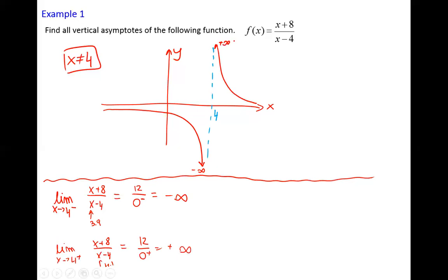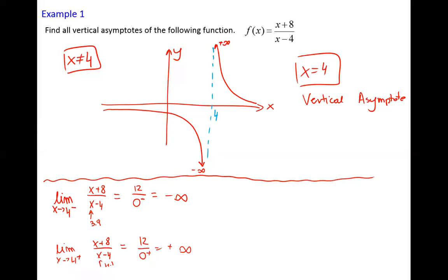Okay? That's how we can draw, but definitely line 4, it's a vertical asymptote. That we can see, we can answer this question quite quickly, just having an answer, whatever was asked, the asymptote, but we can always have a proof, the calculus proof, that we have unbounded y value, infinity, on both sides.